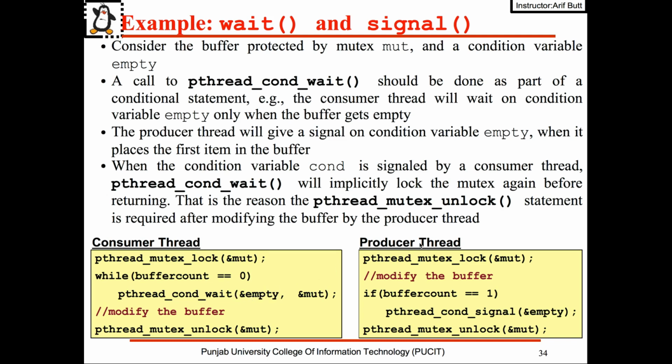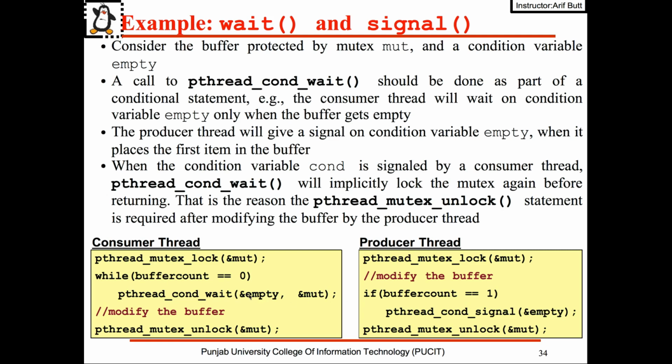So a consumer thread gets blocked in case of an empty buffer over here. Let's suppose the producer thread executes. It gets hold of the lock, and it can get hold of the lock because in the wait call, this mutex lock is released by the consumer thread. The producer thread places the item in the buffer, and it checks that the buffer count has just incremented from 0, so it will give a signal on this condition variable empty.